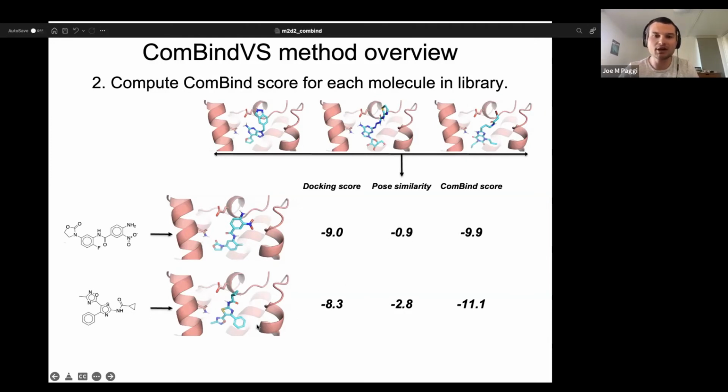Here I'm showing a case where this ligand is forming the same key hydrogen bond as these ones, so it has a higher pose similarity than the first one. So despite having a somewhat worse docking score, it's going to have a more favorable combined score. I should mention here more negative is better. We're thinking about them as energies here.